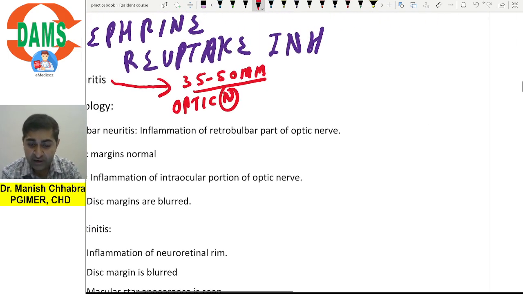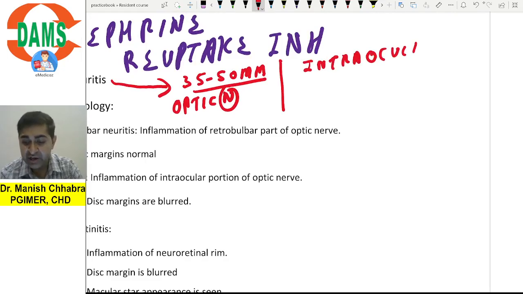Now, if I divide the optic nerve anatomically, there is the intraocular portion, which lies inside the eyeball from the moment it enters the eye. That is just 1 millimeter.